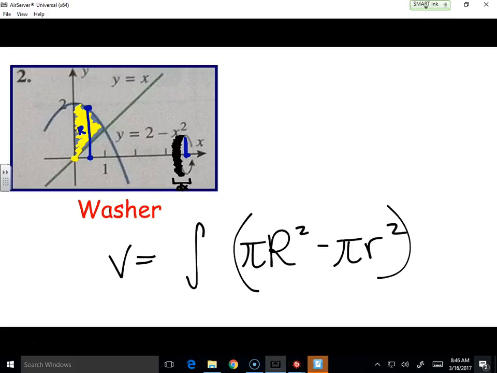What am I going to do for little r? Start at the center. Extend to the outermost of the hollow. The outermost of the whole thing, and then the outermost, or the edge or the boundary, of the hollow.